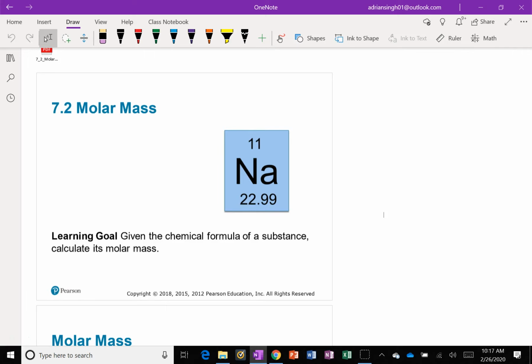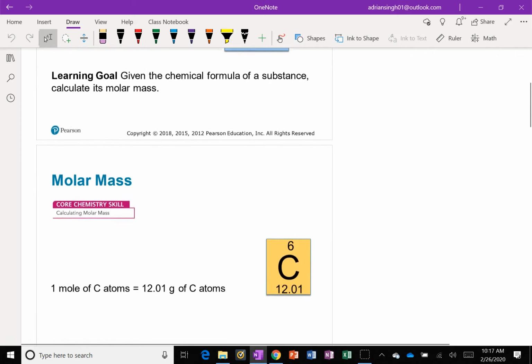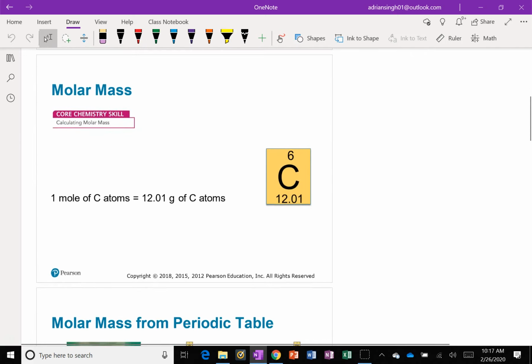What we do measure in the lab, though, are masses of things or volumes of things. So now we need to have a relationship between that concept of the mole and relate it to the amounts that we use in the lab, grams, milliliters, etc. And the thing that we're going to use here is something called the molar mass.